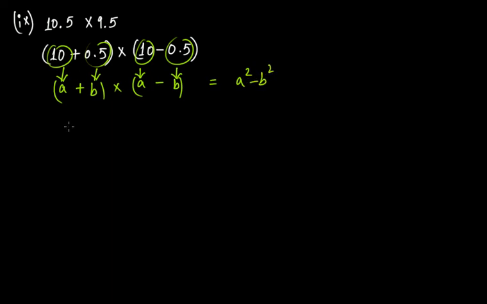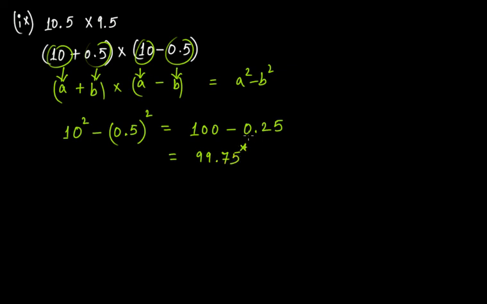So from here you get a squared means 10 squared minus b squared means 0.5 squared. From 10 squared you get 100 minus 0.5 squared means you get 0.25. Now if you solve this, you will get 99.75. This is your answer.